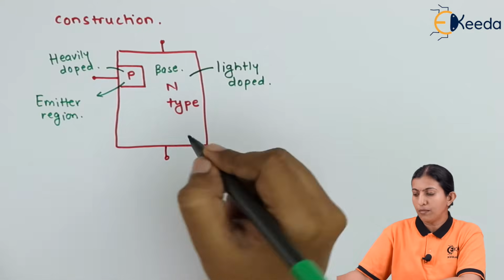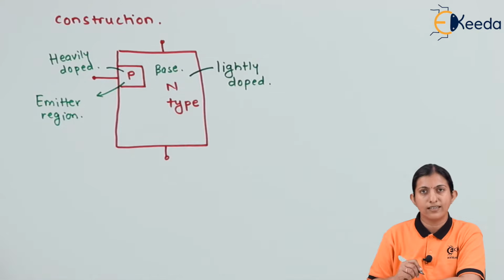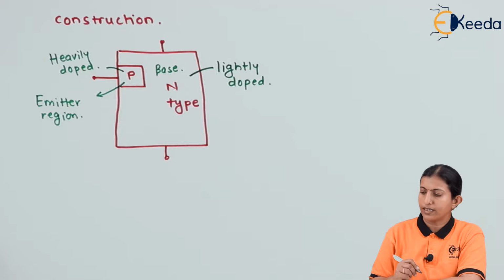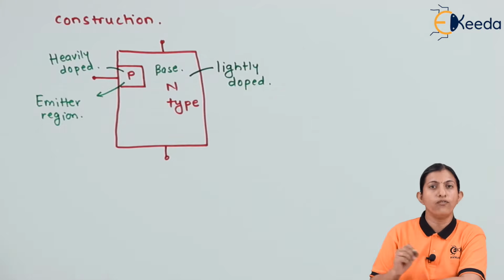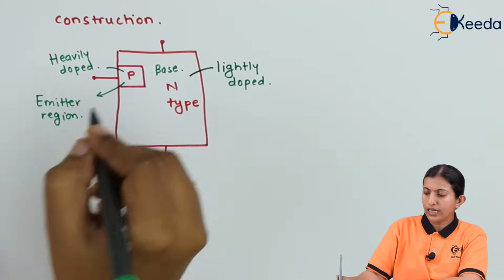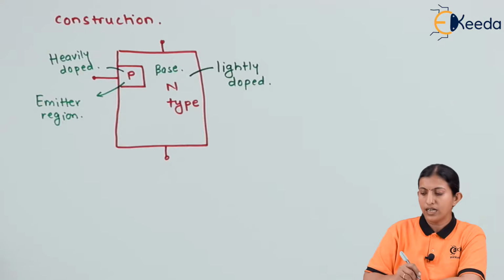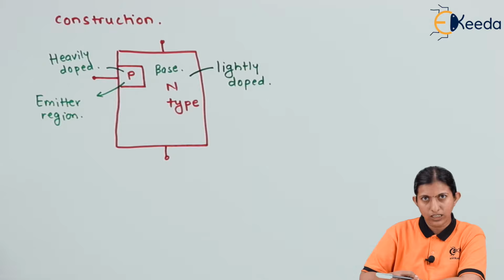As the number of charge carriers is less in N-type, it is lightly doped, so the resistivity is very high in N-type. In P-type, since it is heavily doped, the number of charge carriers is large, so the resistivity is less.